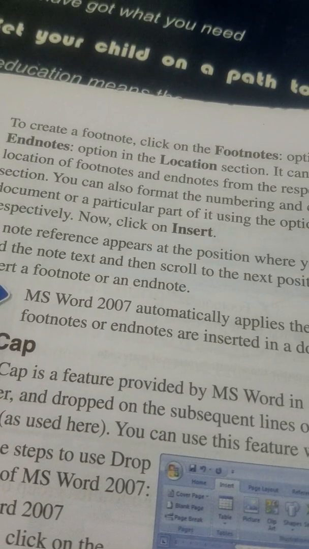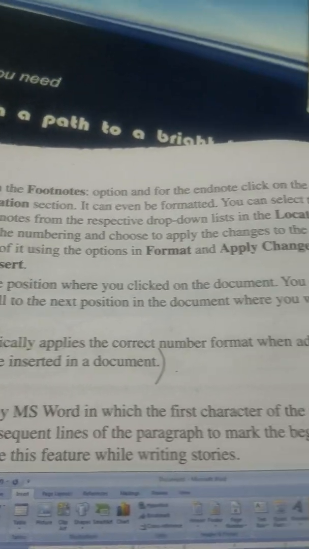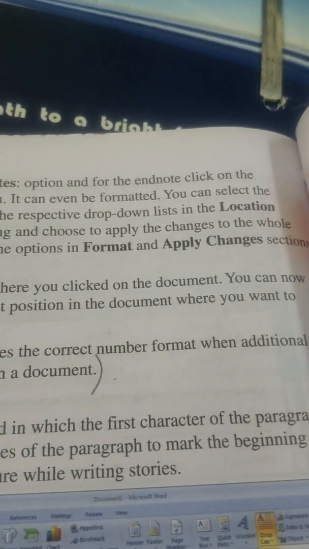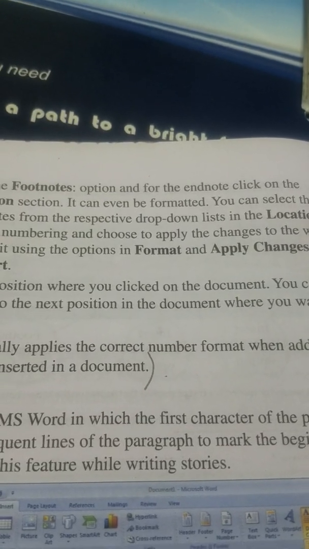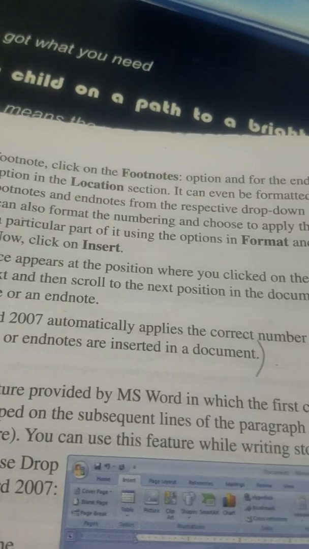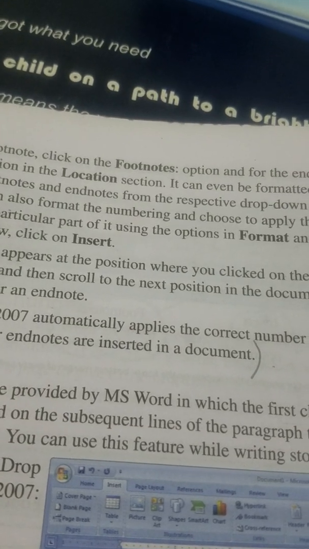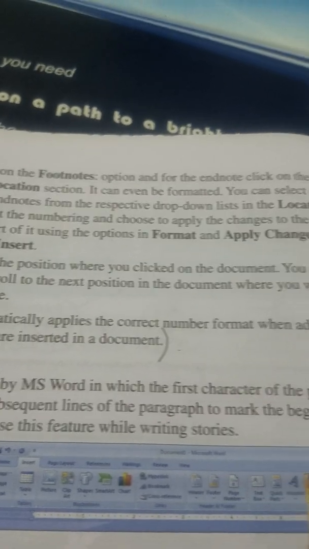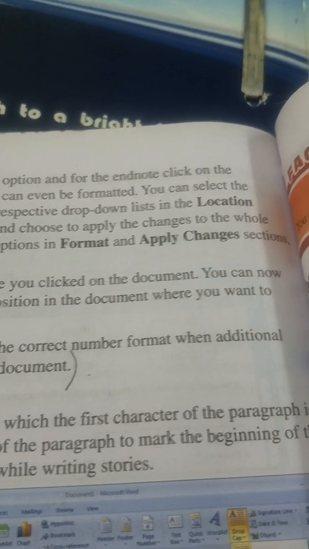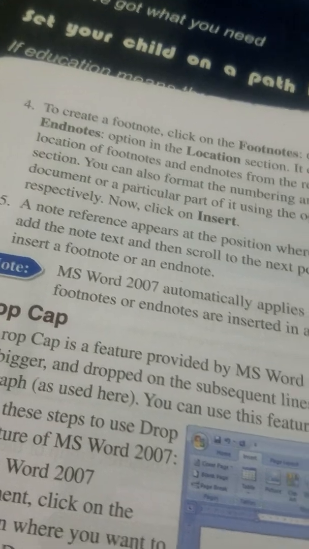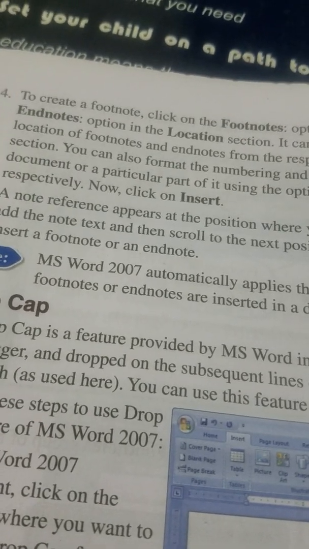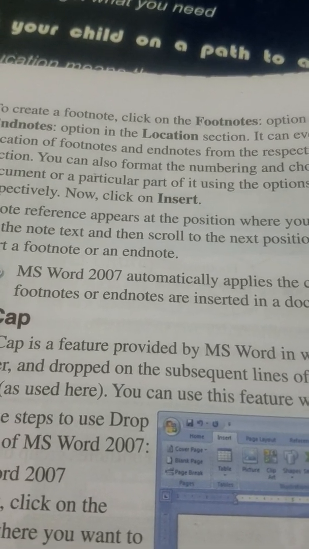You can also format the numbering and choose to apply the changes to the whole document or a particular part of it using the options in the Format and Apply Changes sections respectively. Now click on Insert. So basically what you are doing is applying changes according to your style and your options.